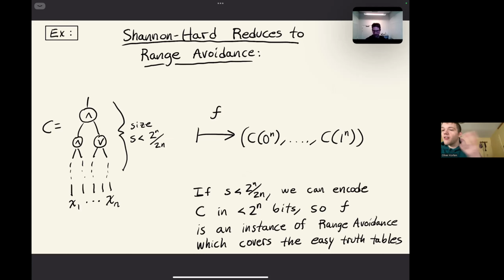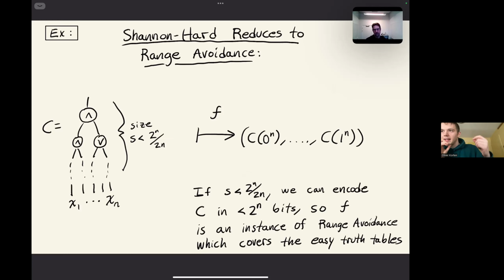And then I can recover the truth table from the circuit by just evaluating the circuit on every n-bit string. Remember the complexity is measured with respect to 2 to the n, so enumerating over the n-bit strings is considered efficient with respect to the input size, because we're just trying to produce a hard truth table in time that's polynomial in the size of the whole truth table.